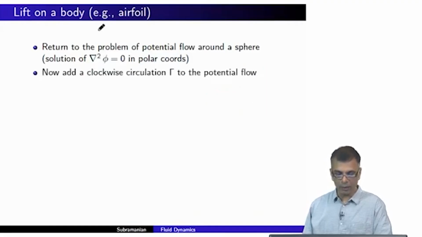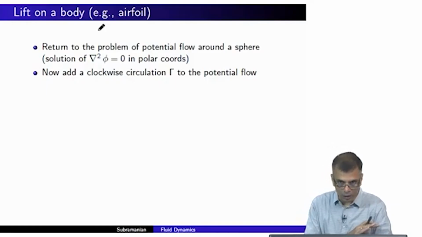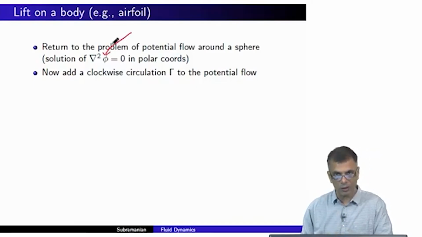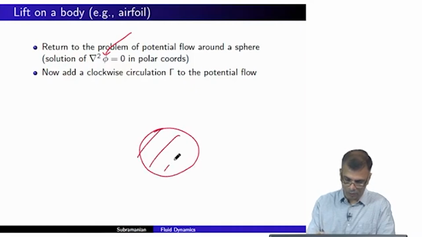And in polar coordinates, you recall that we had written down the general solution to this equation, and applying the appropriate boundary conditions. There were two boundary conditions. We are considering a spherical body like so.